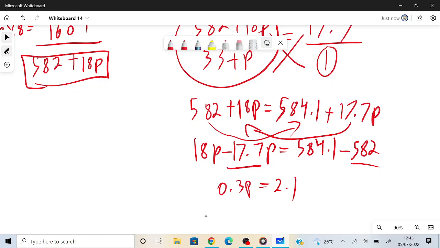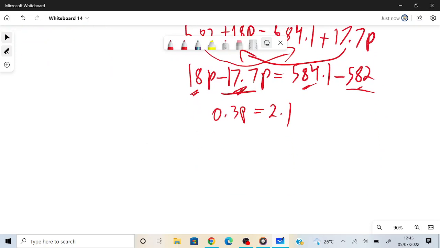So all I did was subtract 17.7 from 18 and 582 from 584.1. Solving for P, P is 2.1 divided by 0.3, and that should be 7. Just quickly confirm that in your calculator. Yep, it is 7.